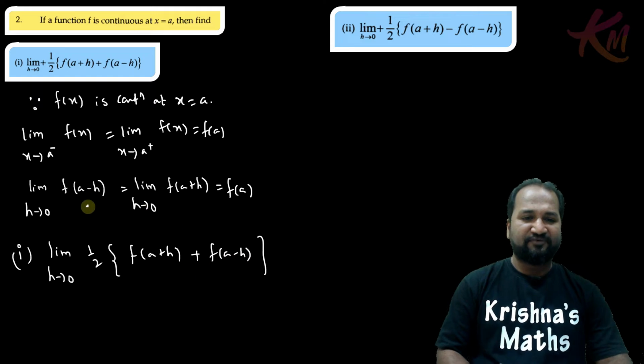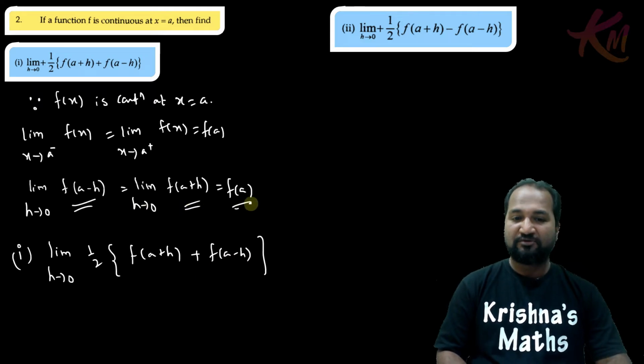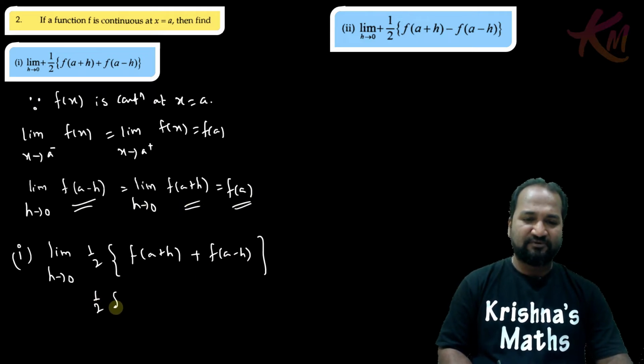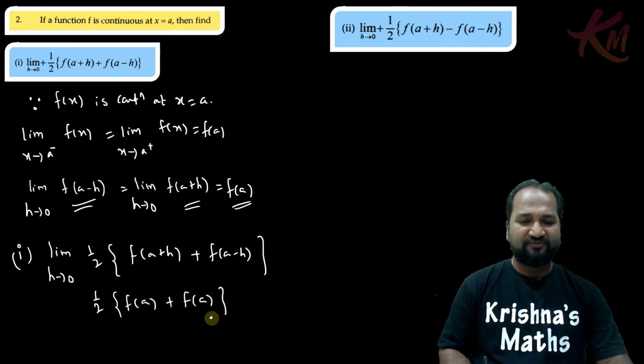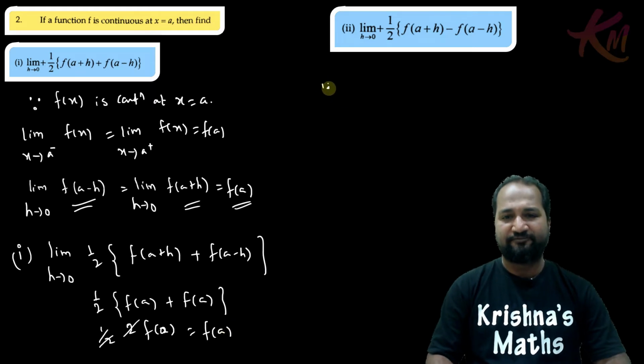But f of a plus h and f of a minus h both equal f of a, so this is equal to half of f of a plus f of a, which is 2 times f of a. The 2 cancels, so this is equal to f of a. The first is f of a.